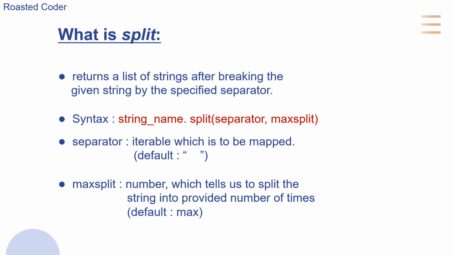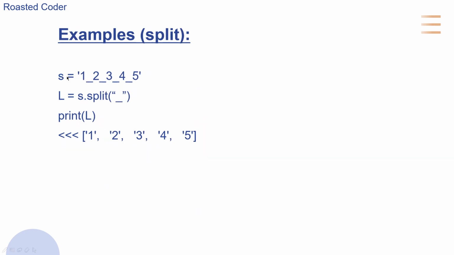So let's see this by an example. This is a given string 1_2 up to 5, and we have to extract all the digits from this string s. So we'll take l equals s dot split, and we'll pass the separator. Here the separator is an underscore. If we print l, it will return a list of all the digits in this string, but they won't be converted to int, they will still remain strings.